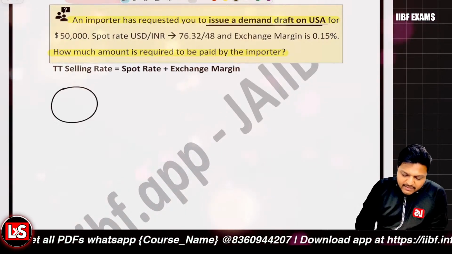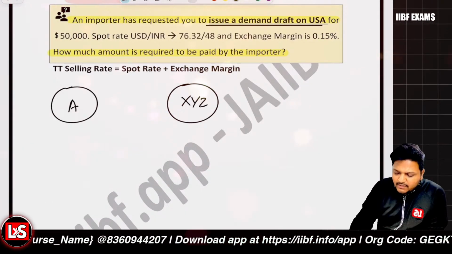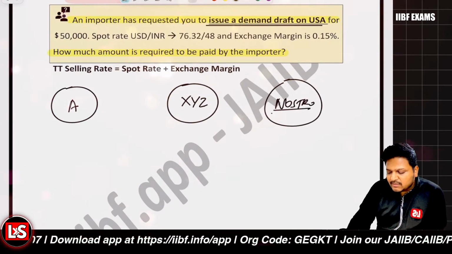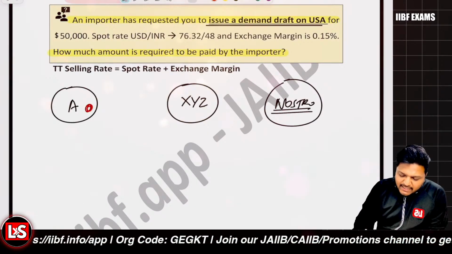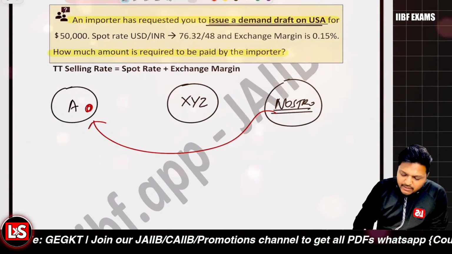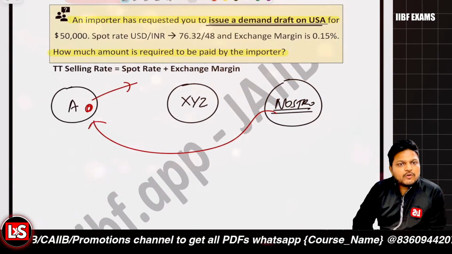So here is a scenario. Person A is here and here we have XYZ bank, and it has a nostro account in the foreign currency in some other bank. Now what will be happening? The bank will be debiting customer A's account, right, and will be issuing the foreign currency to it and further will be issuing the demand draft to it. That's it. That's the process to be followed.